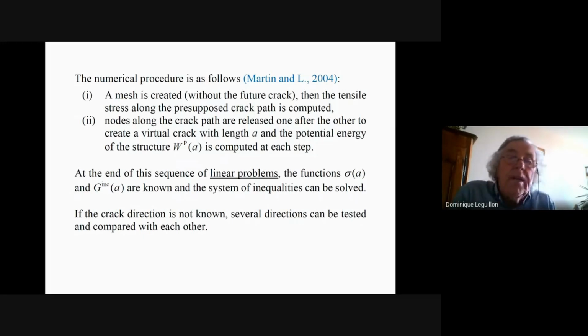You release the first pair of nodes, one elastic calculation. You release the next pair of nodes, and so on. So it's not really very expensive in terms of computing time. Anyhow, you have no problems of convergence. Even if you need to make a lot of calculations, you are sure that you have no problems of convergence. It's pure linear elastic problems.